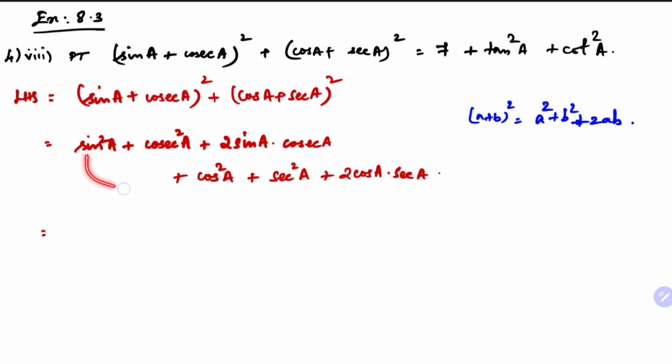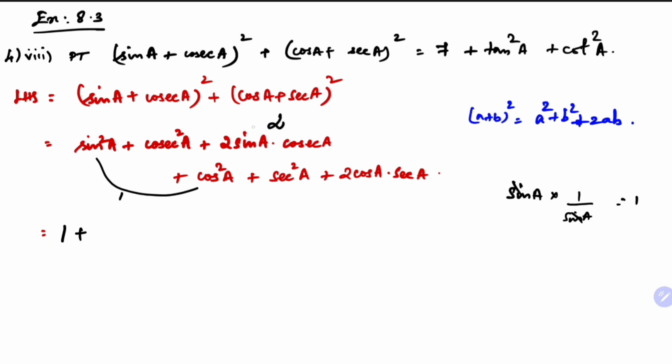We know sin square A plus cos square A is 1. Plus, we also know that sin A into cosecant A is 1, because cosecant A is 1 by sin A. Sin A into 1 by sin A we get as 1.